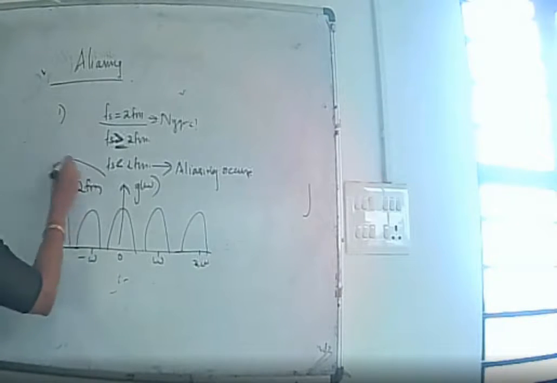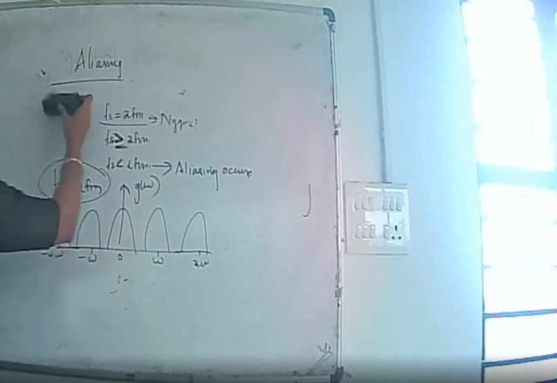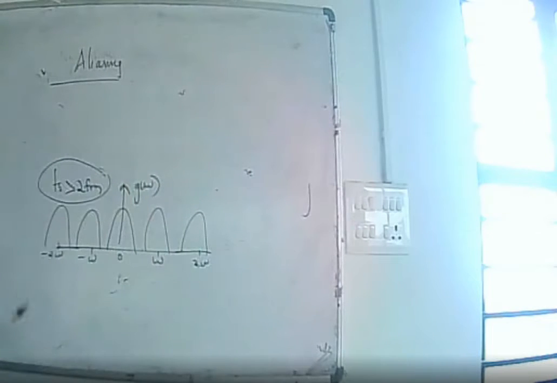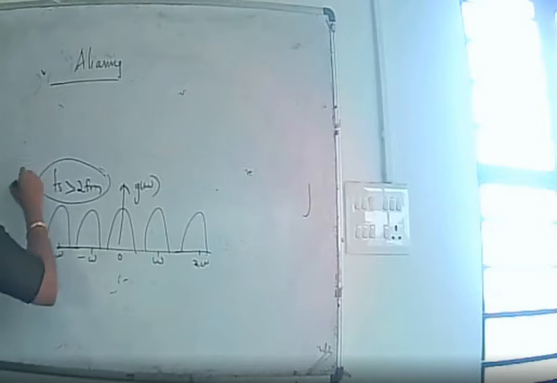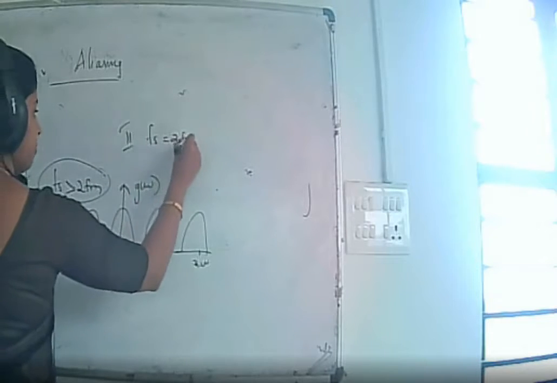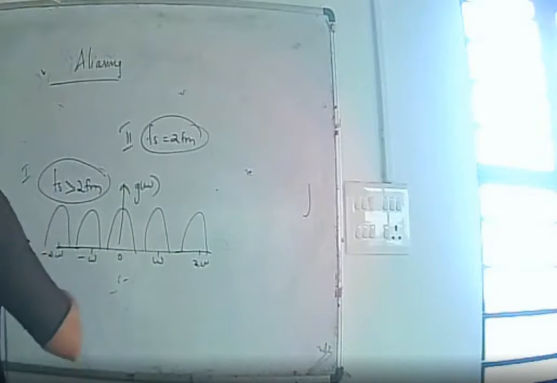This is the case of Fs greater than 2 Fm. That is our first case. Now the second case is Fs equal to 2 Fm, which is nothing but our Nyquist criteria.